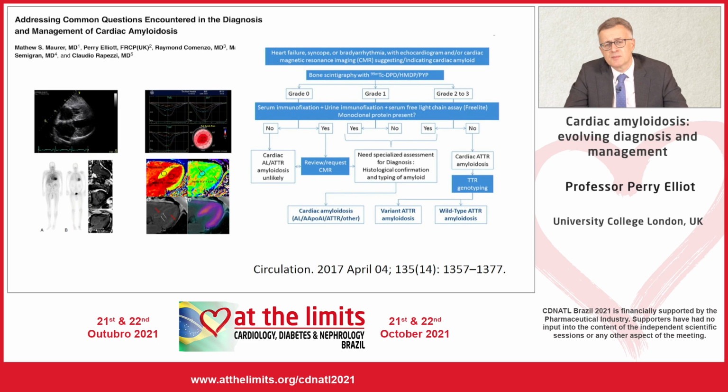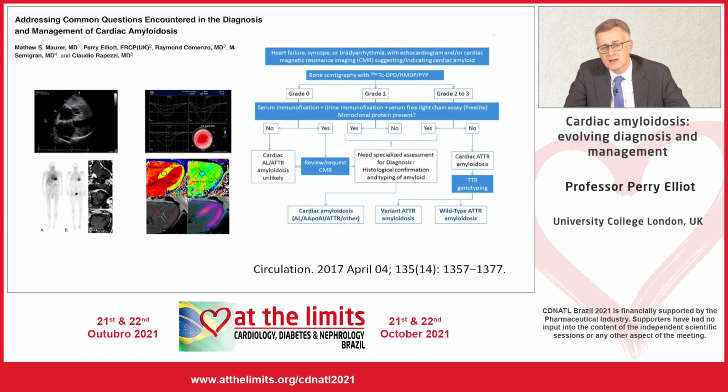And the sensitivity and specificity of this technique is such that we can now develop a diagnostic algorithm which is no longer dependent on endomyocardial biopsy as it was until relatively recently. So if one has an echo and/or MRI which is suggestive of amyloidosis, if one then performs a DPD scan, a bone scan, if that is negative, then it is extremely unlikely the patient has TTR amyloid.